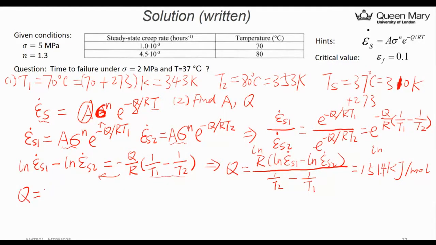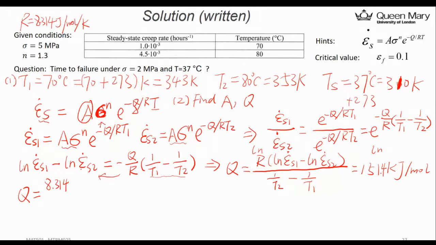So R is the value 8.314, and let me write the unit for R here: R equal to 8.314 joule per mole per Kelvin. That will be given.